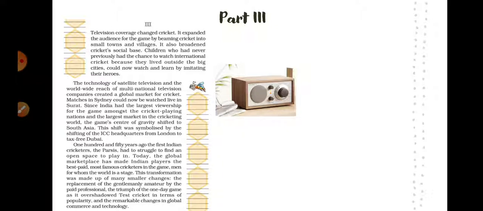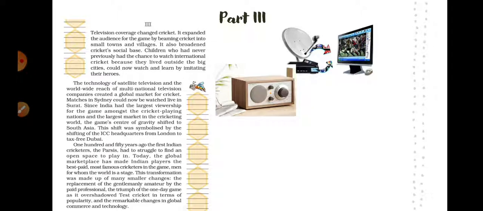So cricket became very popular with the advent of television. After the invention of television, people could follow cricket wherever it was taking place, in any corner of the world. People could watch it, and everyone could follow their cricket heroes.